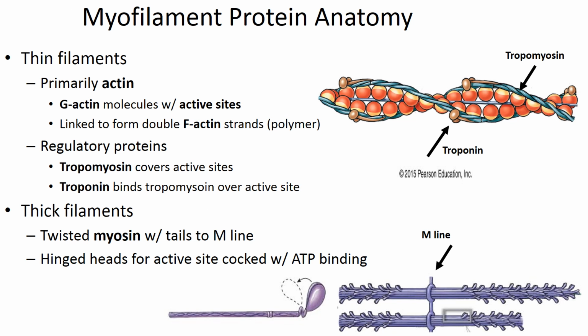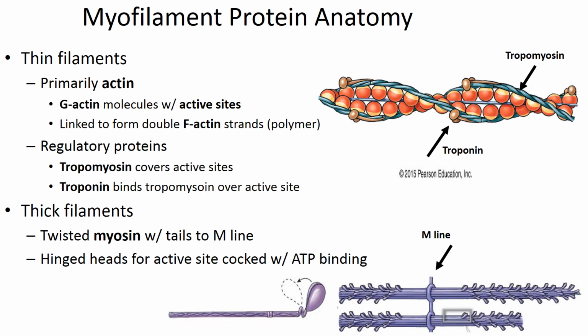And here you can see the myofilament protein anatomy. So we can examine the thin filaments and thick filaments in a little bit more detail. The thin filament, which is actin, is composed of several interacting proteins.